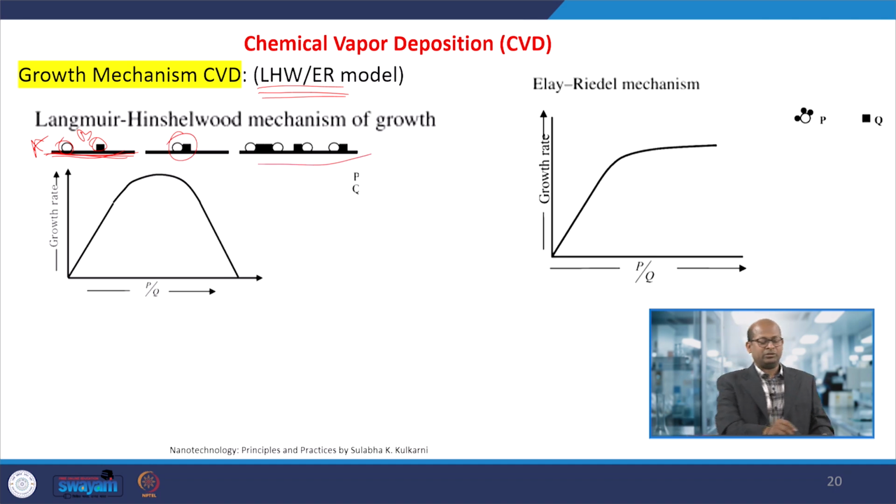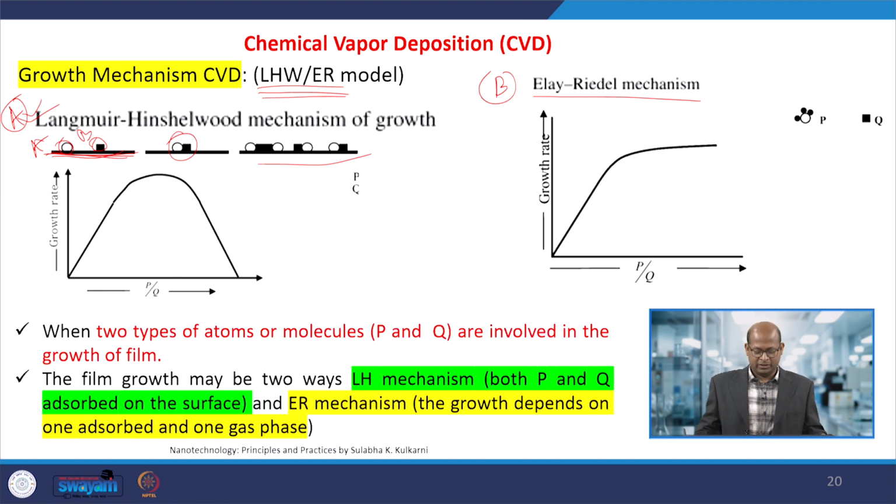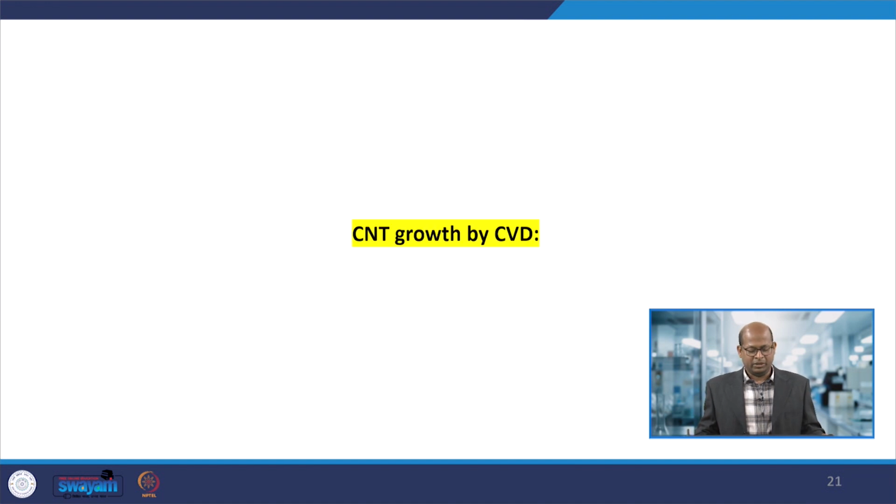That is the Langmuir-Hinshelwood mechanism. The other type is the Eley-Rideal mechanism. If two types of reactants are present, one is adsorbed over the substrate surface and the other remains in the gas phase, and then the reaction takes place. In this case too, film formation or film growth occurs, so we can see both ways.